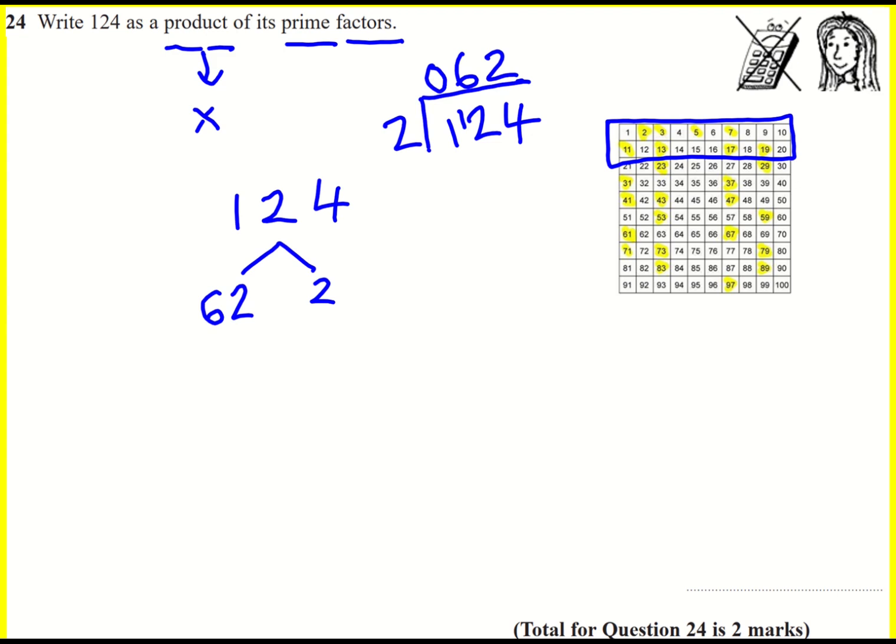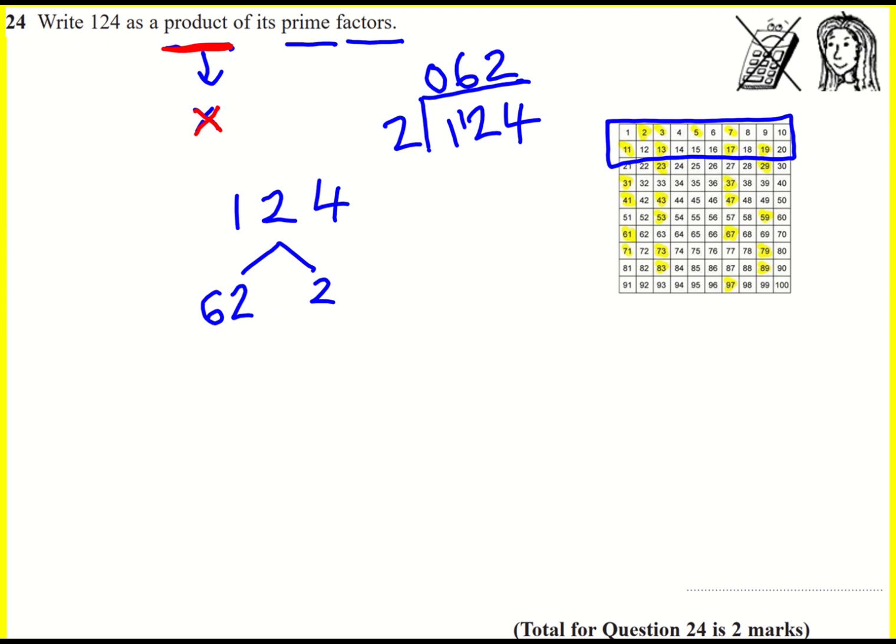So just pausing here, we are looking for 2 numbers that multiply, because of course, remember, we are looking at products, okay? Product means multiply. We're looking for 2 numbers that multiply to give 124. So 2 and 62 are an option there. You can, of course, choose other numbers, and I will show you some of those in a second.